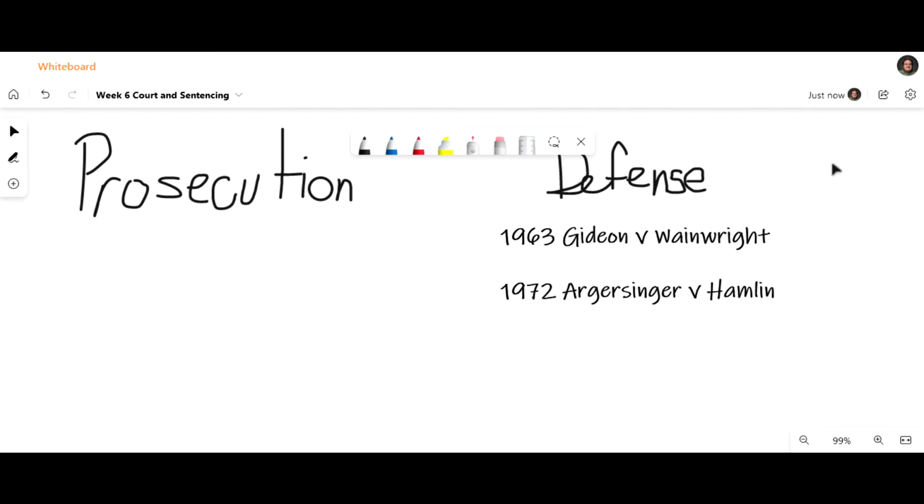And then 1972, Argersinger versus Hamlin. This was also the right to court-appointed counsel when there is danger of a prison sentence. This was to kind of build off of Gideon versus Wainwright, where obviously if there is the potential of a prison sentence to the case, the individual has the right to have a court-appointed counsel, so that, if they can't afford one or they don't think they qualify for a public defender, the court will assign.